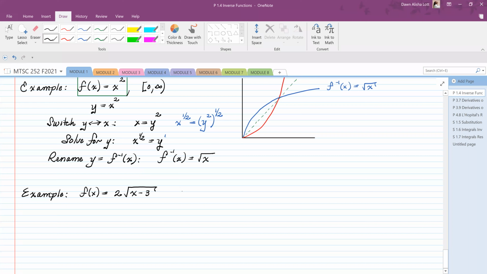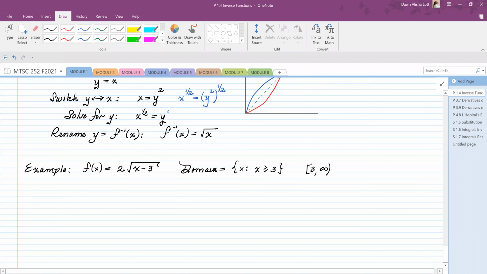And the domain of this function, the set of all x, such that x is greater than or equal to 3. Whoops. So I'm on the interval 3, positive infinity. Okay.